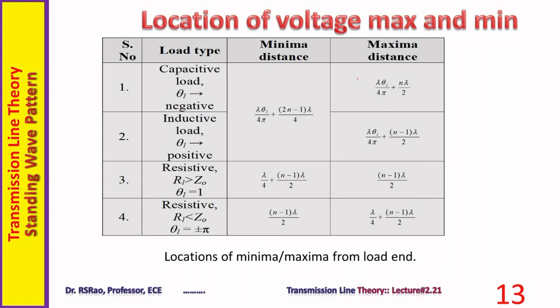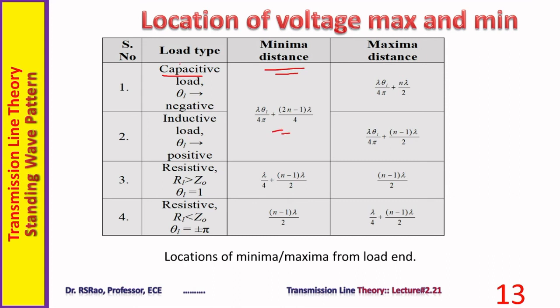This information regarding the location of voltage maxima, voltage minima, it is placed in a tabular form. When load is capacitive, minima distance, first minimum distance you get when n equal to 1. When load is inductive, distance of first minimum by substituting n equal to 1 here, you will be getting.